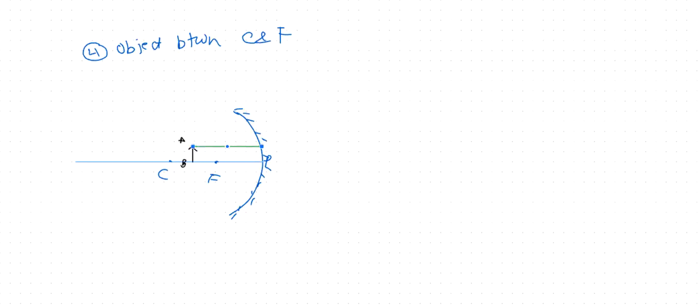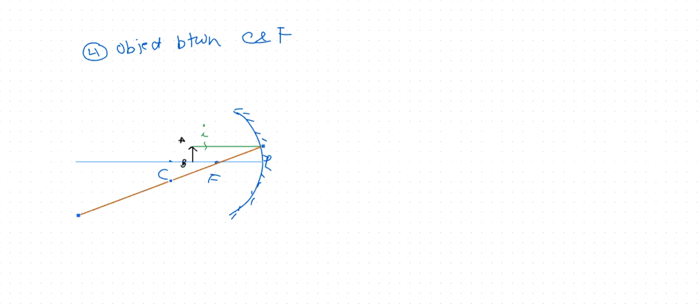And what do I call it? I1. Okay, now where will it get reflected from? We have seen in the past, in all the three cases in last video, it gets reflected through the focus. I'm drawing it large because I know why.